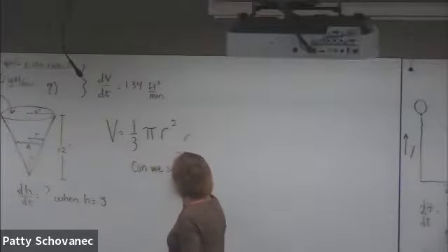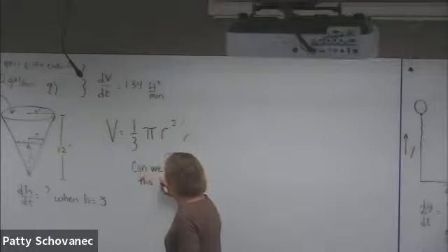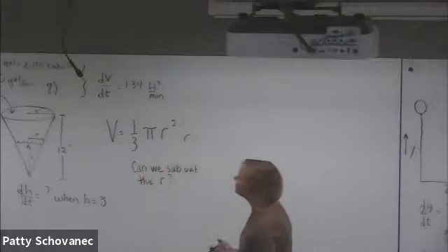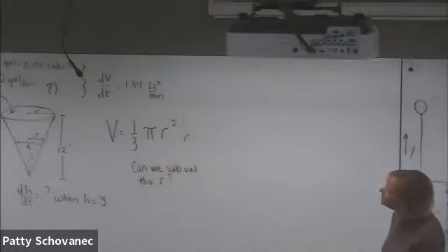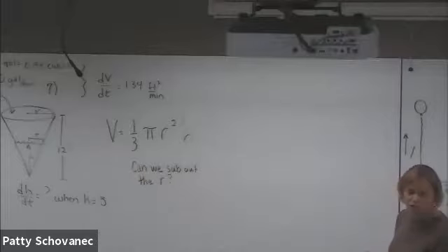I can get r with respect to h. I've got the water that's shaped like a cone, and then I've got the cone that's shaped like a cone. So they should be moving in proportion to each other, right?